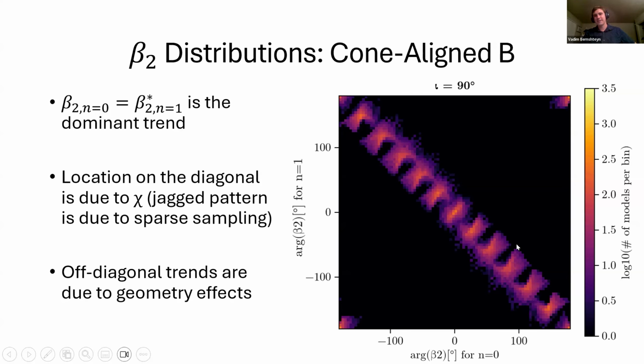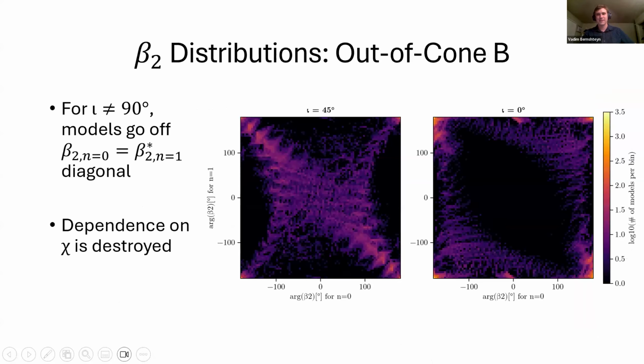The location on the diagonal is primarily determined by chi, that is the orientation of the magnetic field in the surface of the cone. This is the primary factor that determines where on the diagonal we are. And all the variation we see going off diagonal are geometric effects like spin, cone opening angle, and other parameters.